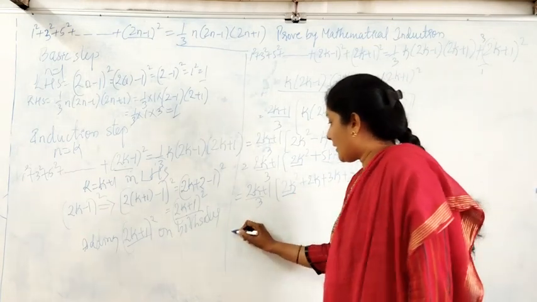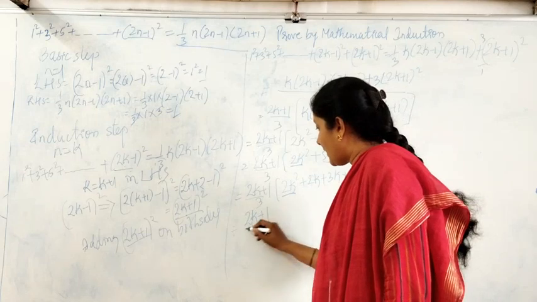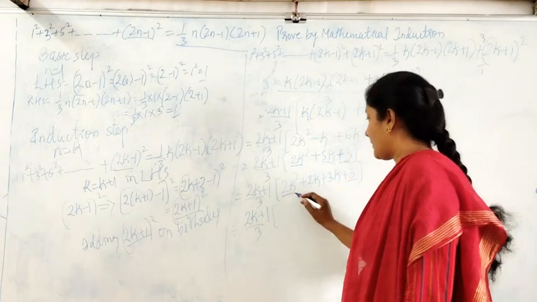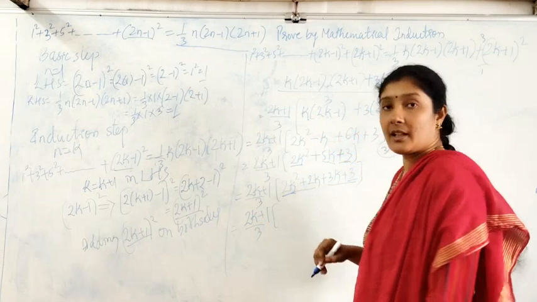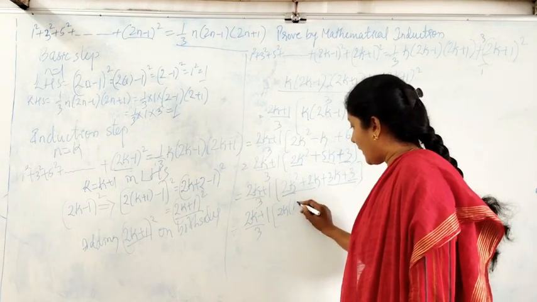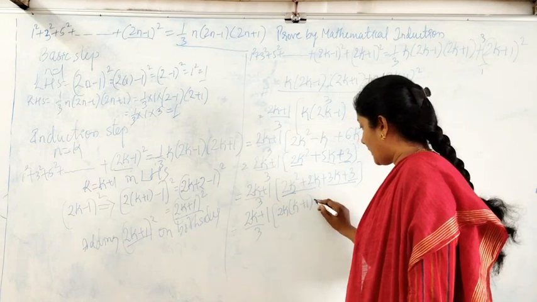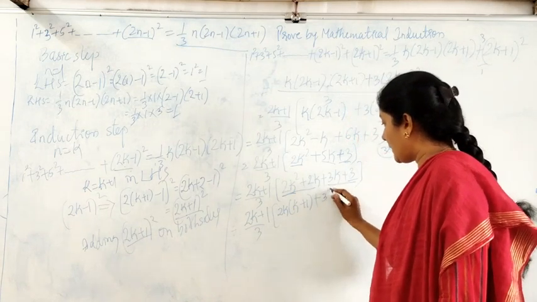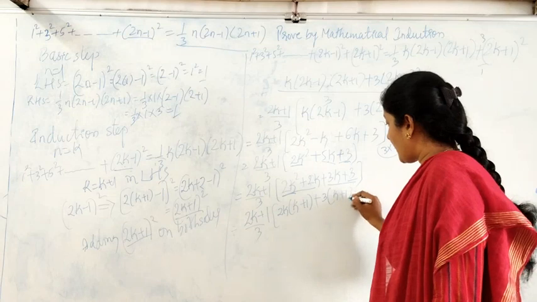Now, (2k plus 1) divided by 3, and here in these two we have to take common. So, here the common is 2k, (k plus 1), plus, here common is 3, (k plus 1).